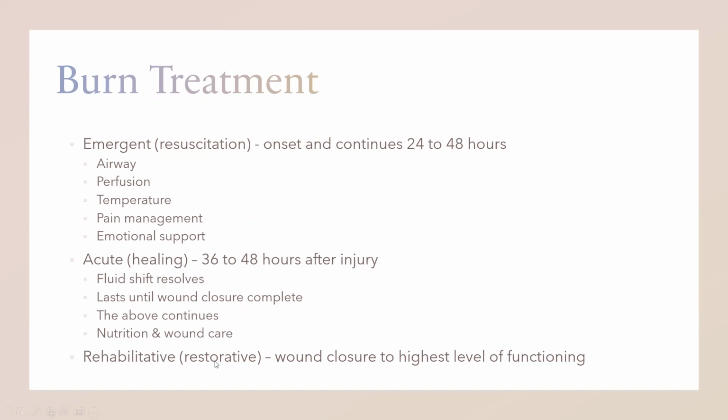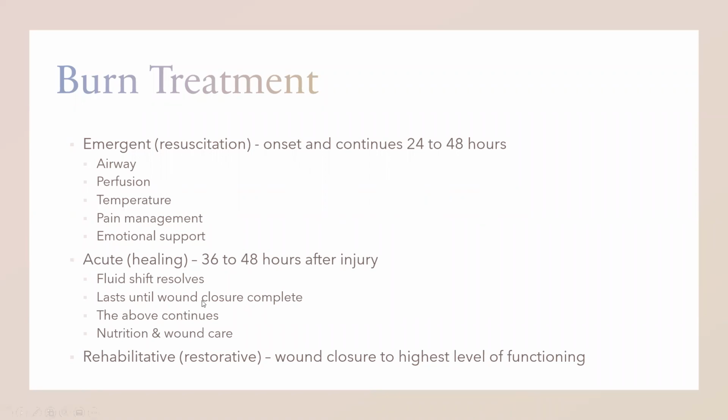Then when we get into the acute healing phase, it's when those fluid shifts resolve, right? Initially, you're going to have a lot of fluid shift changes here, which can cause hypotension, perfusion problems, fluid and electrolyte imbalances, elevated potassium from capillary cellular leak or damage to the cells into the interstitial fluids.